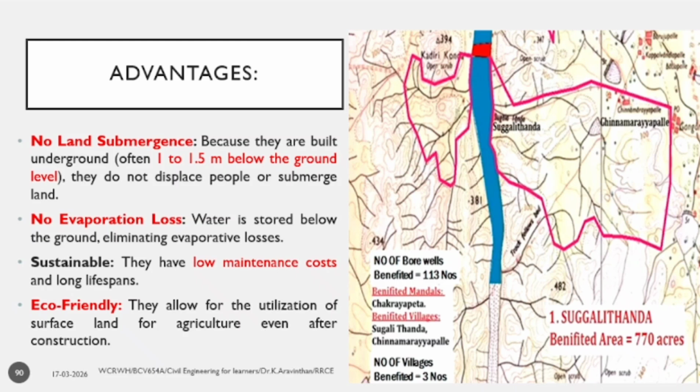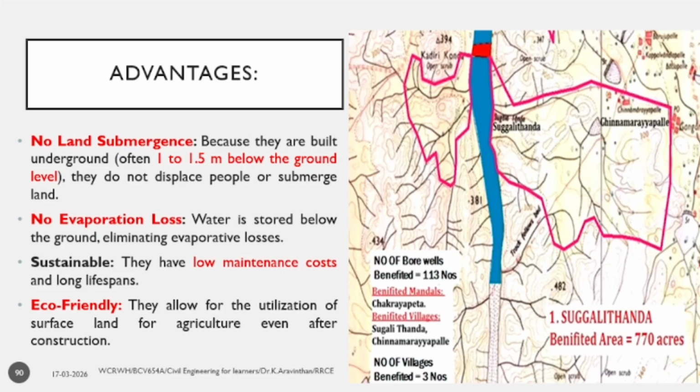That groundwater level increased. Don't think that groundwater is static. Groundwater is always flowing. Do you understand? Groundwater is not still. It is flowing in the direction of the river. If you put an obstruction, that water will rise. You can take it for your consumption. This is the project they have done in Kadapa.